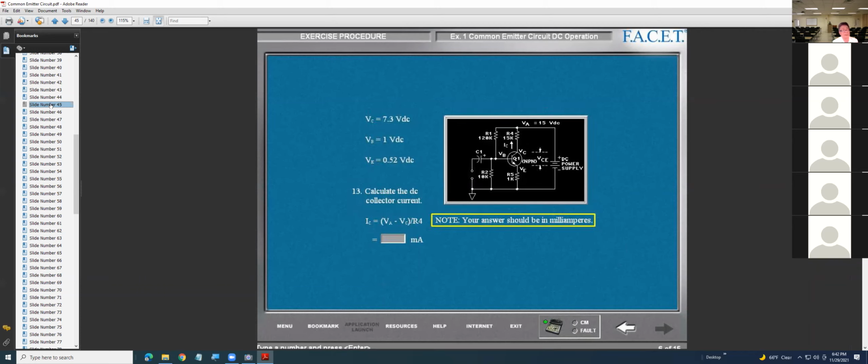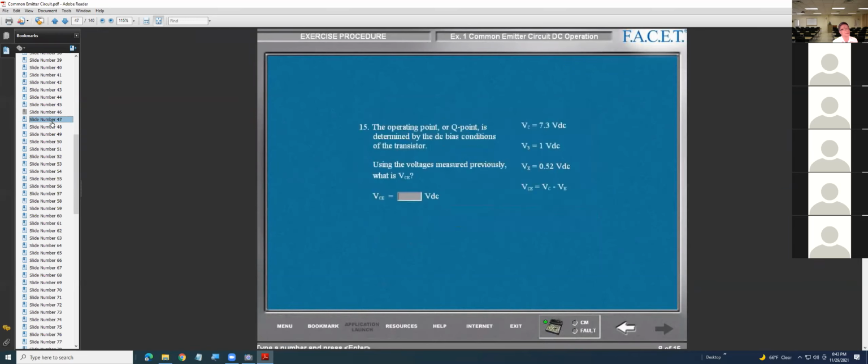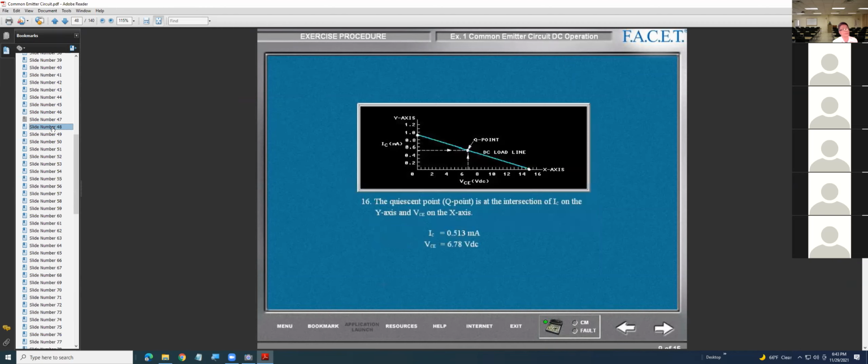Calculate the collector current. So basically, you have to do a calculation. You take the VR4 divided by R4, just a calculation. Okay, so in here, the Q point is the intersection of the IC and the VCE.